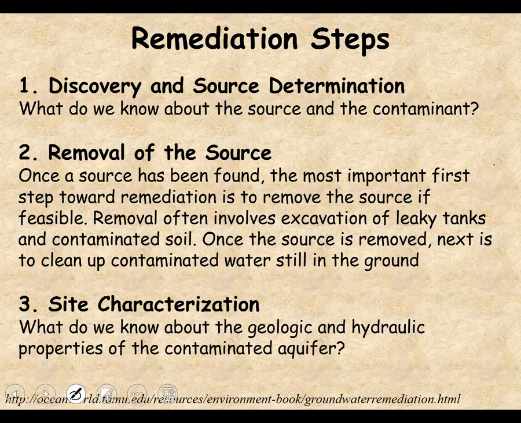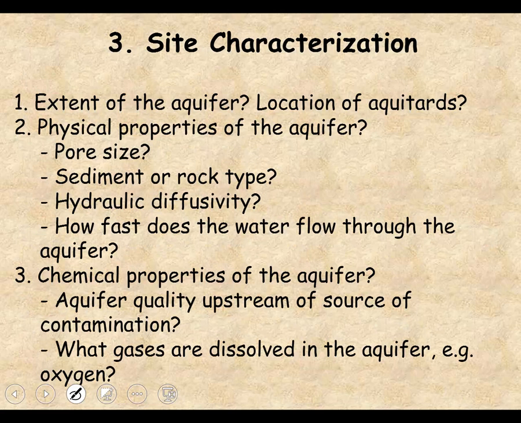So you have to figure out how we remove the contaminated water. Well, we need to do a site characterization. We need to know what the geologic and hydrologic properties of that contaminated aquifer are. These are some of the questions we would ask. What is the extent of the aquifer? What are the physical properties of the aquifer? Things like hydraulic conductivity, rock type, pore size, etc. Location and characteristics of the aquitards.